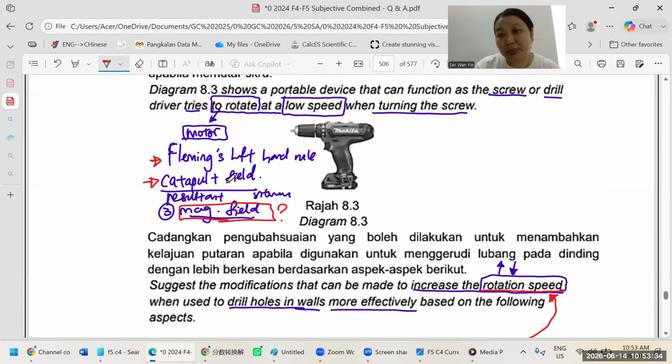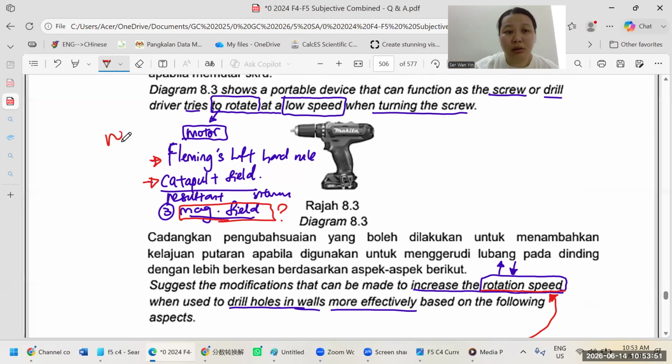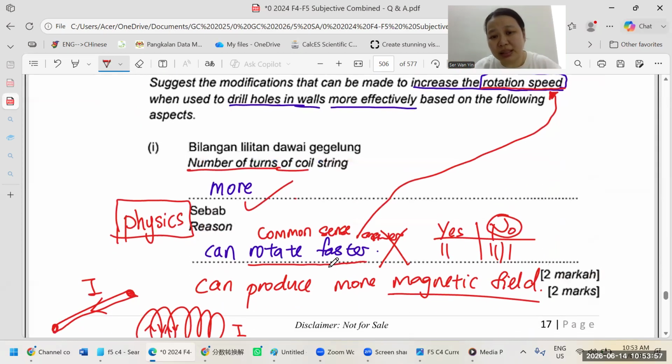Fleming's left hand rule, catapult field, magnetic field. So many people would ask, teacher, in exam my mind is blank. Why blank? You didn't recall your physics concept. How are you going to get the keywords to answer?